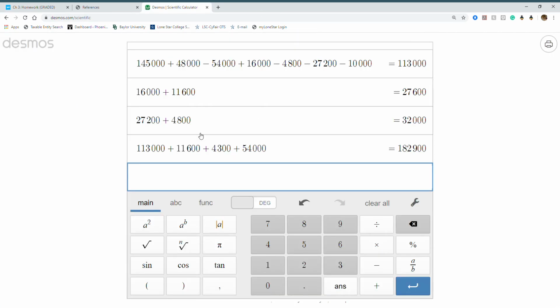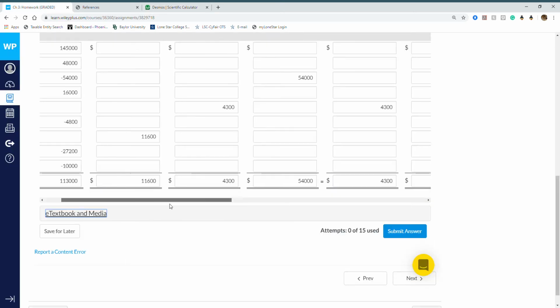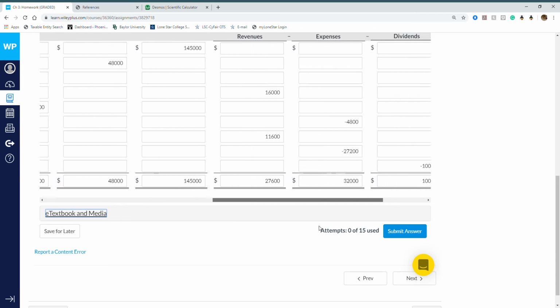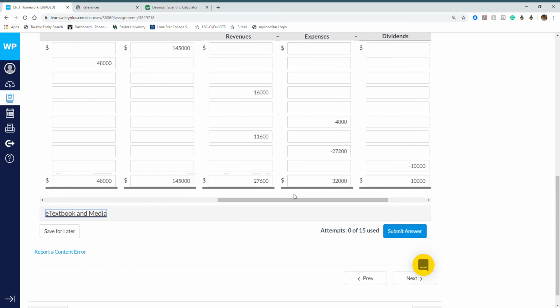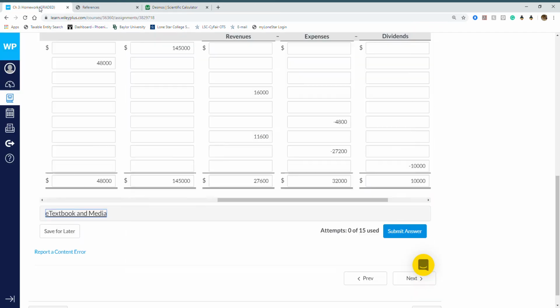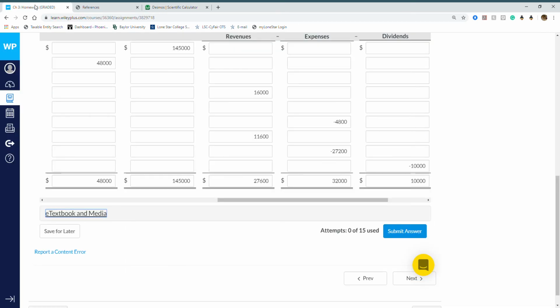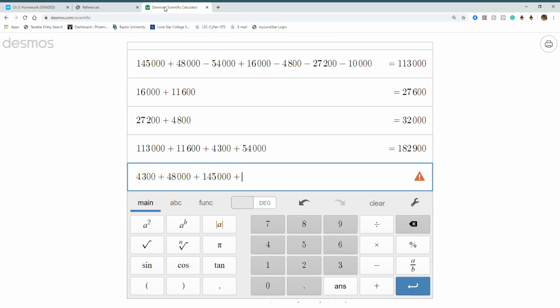Next, we do the exact formula. So 4,300 plus our note payable, 4,800, plus 145 common stock, plus our revenue of 27,600.